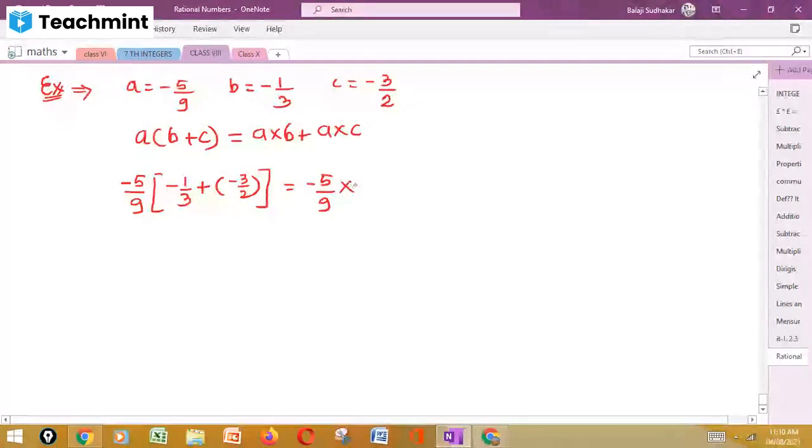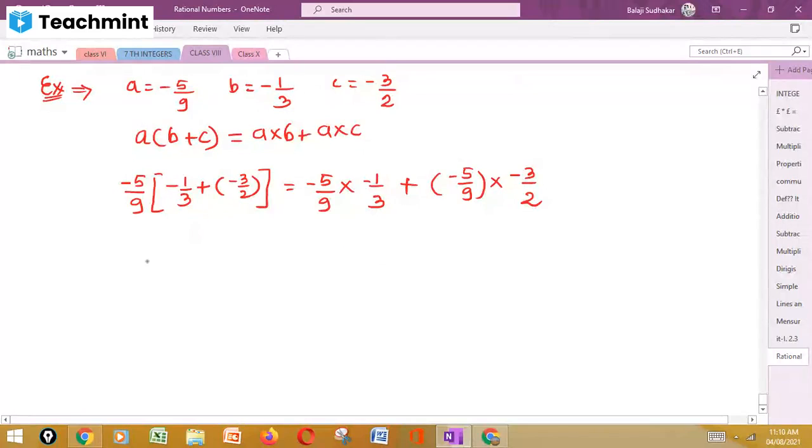Into B, which is minus 1 by 3. Plus A, again minus 5 by 9, into C, which is minus 3 by 2. Is that right?